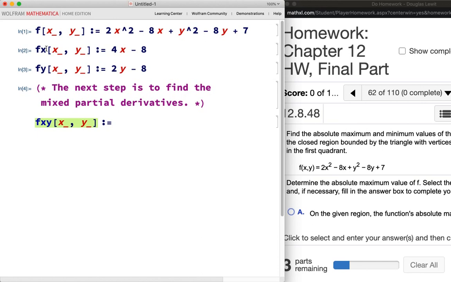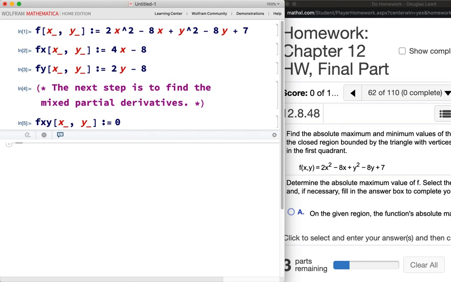We look at this expression right here, the partial derivative of f with respect to x, to use proper terminology, and I have to differentiate that with respect to y. So what is that? That's really easy. That's going to be 0.